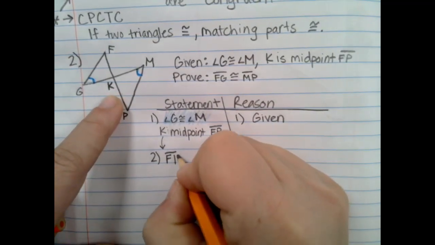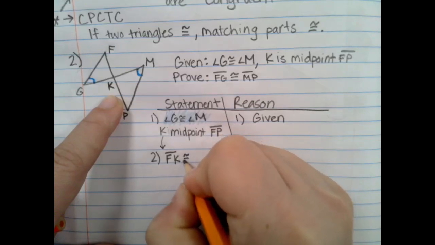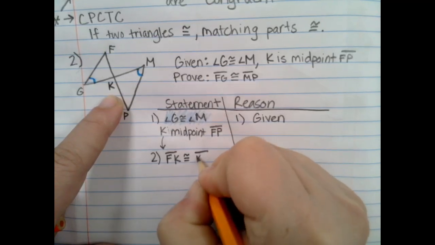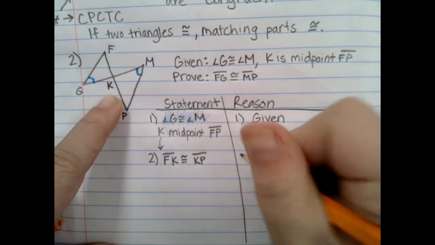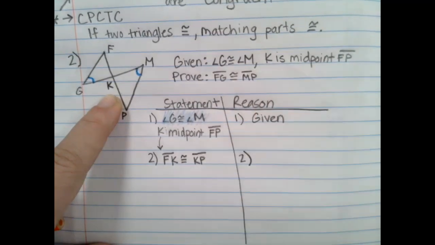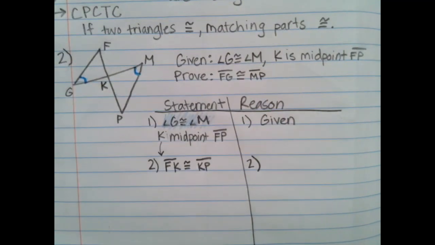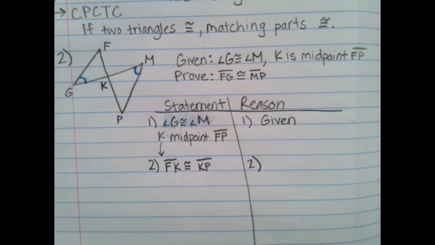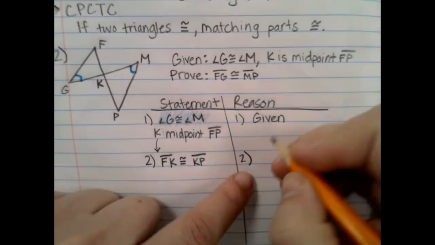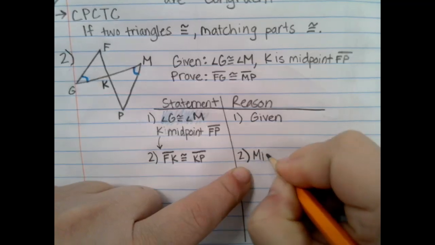F to K will be the same as K to P. That's okay. You had the right idea. And what do we call that theorem that tells us that when we have something right in the middle, the 2 parts are congruent? And if you're not sure, it's over on this wall by the door. It's near the clock. Whoa, midpoint theorem. Amazing.